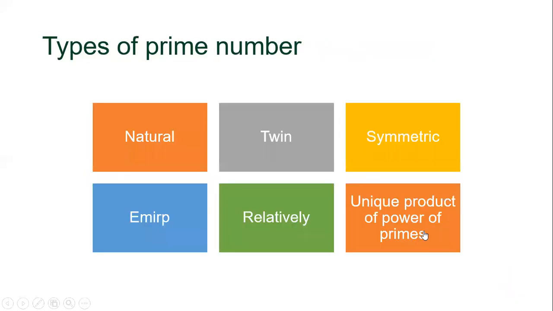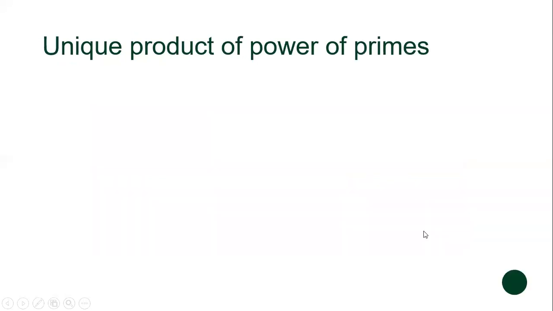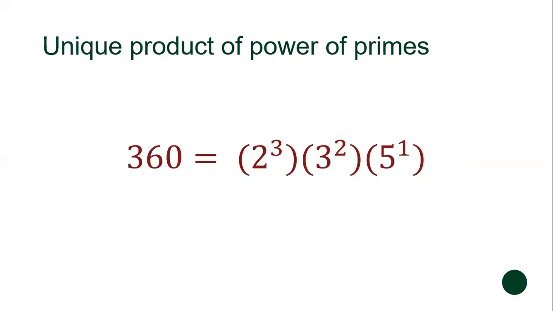Next, let's move on to the unique product of power of primes. A unique product of power of primes is a number whose factors are prime numbers raised to a certain power. So, for example, 360 is actually not a prime number, but it is a unique product of power of primes.